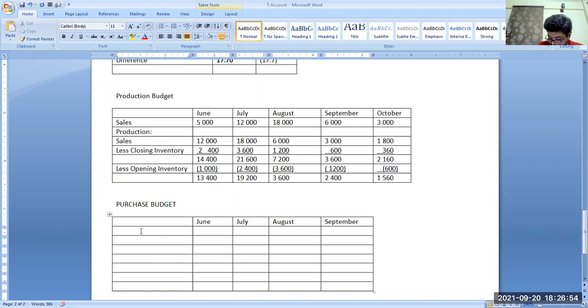Now see, monthly production. How much for June? 13,400. July, 19,200. August, 3,600. September, 2,400. Done? Okay, that's monthly requirement.